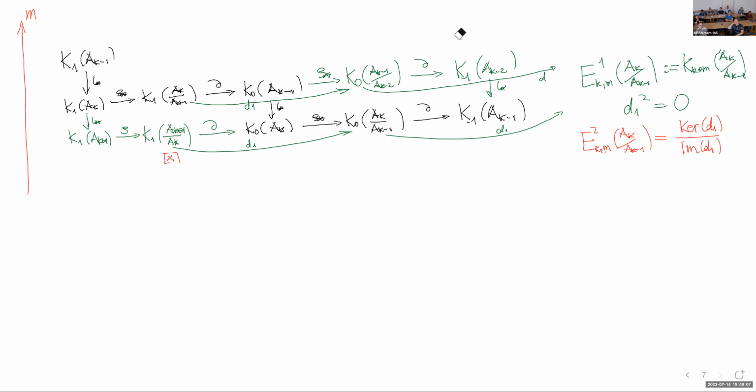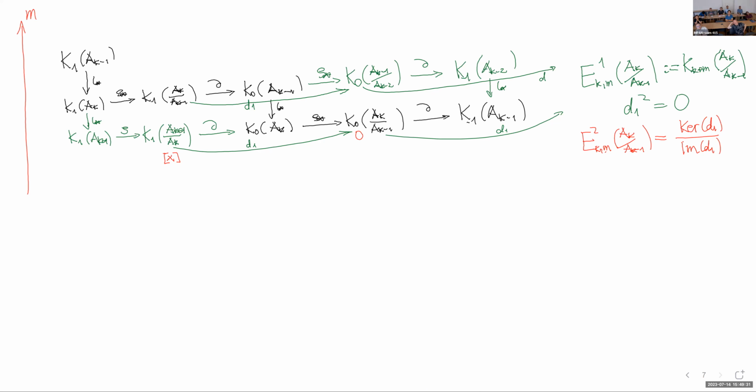So an element in the E2 page goes here to 0. Since it's 0, this is a composition of two maps. The last one has to be 0.